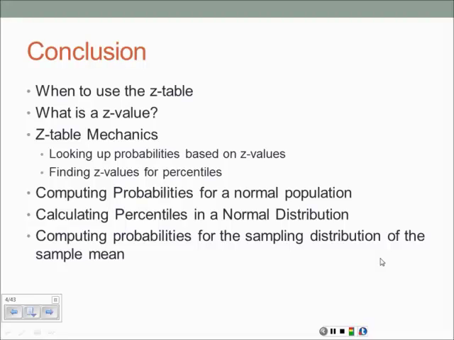When we drew our graph, the x-axis had an x-bar because our random variable now was x-bar. Remember when we did the central limit theorem, we had that column of x-bars that varied from sample to sample. So that is our random variable now. And it's the mean of the x-bars, mu of the x-bars, and sigma of the x-bars. Then you pretty much proceed just like you would have when you computed probabilities for a normal population. And that concludes this lecture.